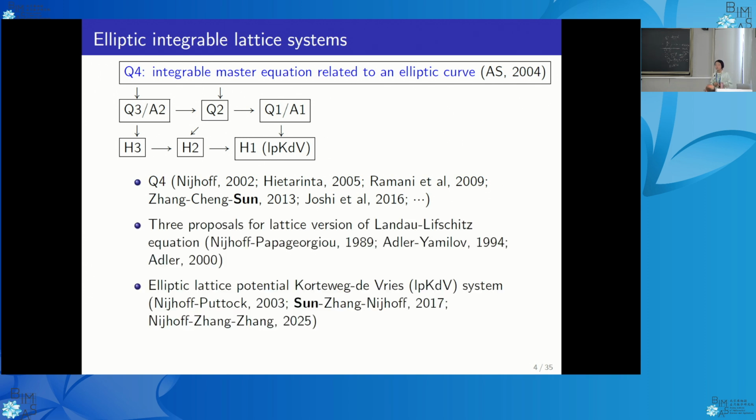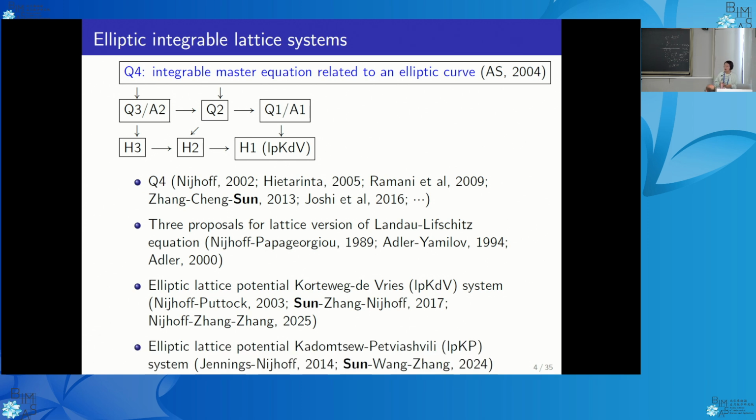elliptic lattice potential KdV and KP systems, which were first derived by Nijhoff and his PhD students by extending the classical KdV or KP systems to a generalized system related to an elliptic curve. Subsequently, they also proved its integrability in the sense of possessing Lax pairs as well as multi-soliton solutions.